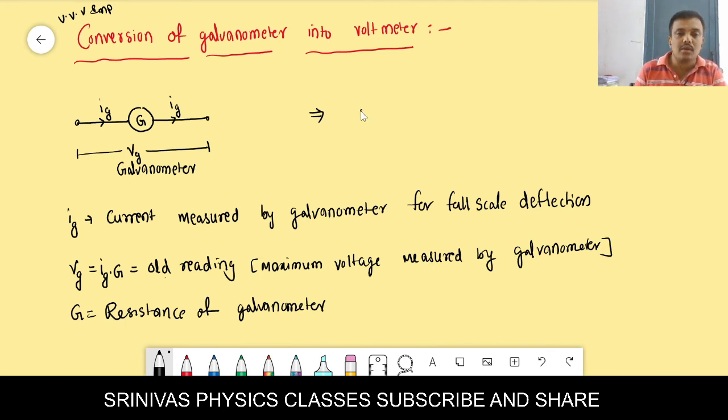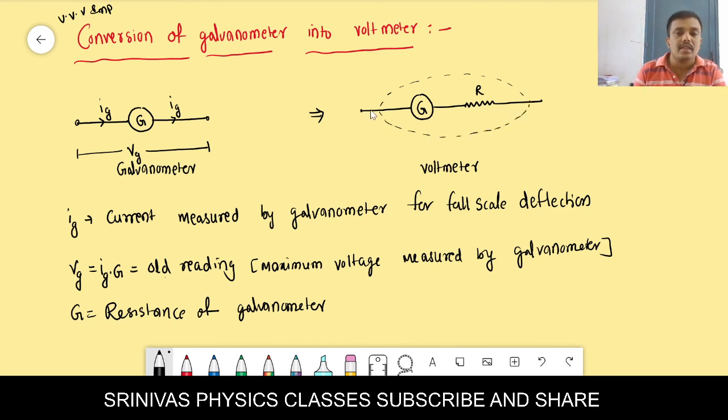In order to convert the galvanometer into a voltmeter, we have to connect a high resistance in parallel. Sorry, not in parallel, in series. We convert the galvanometer into a voltmeter by connecting a high resistance in series.